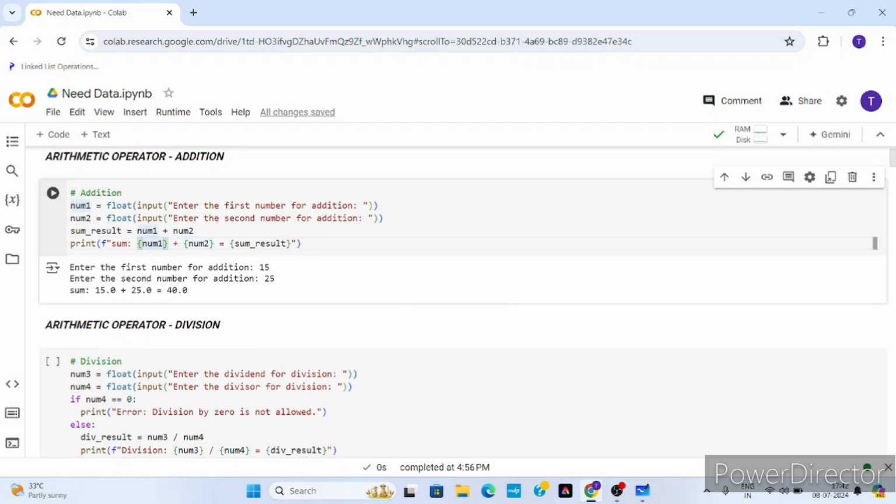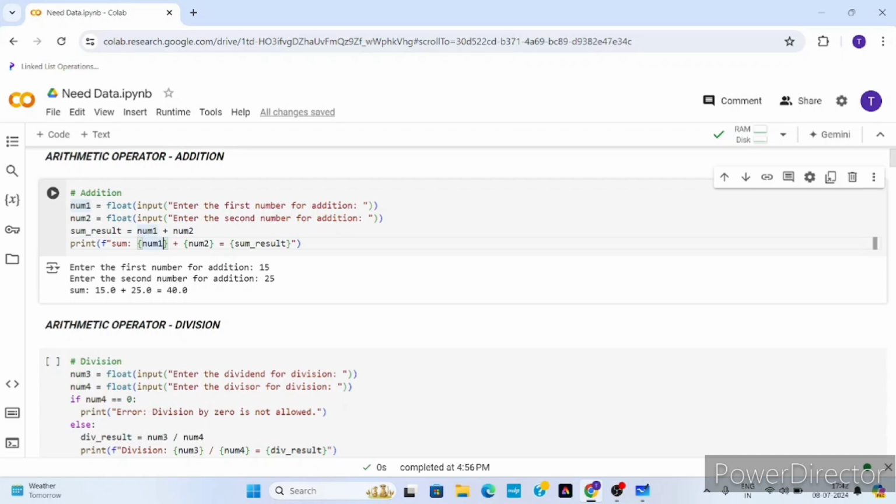In this, num1, num2, and the sum result will be printed, along with whatever the user entered, here 15. So this 15 will appear here. Here the 15 is an integer type, because the user did not enter a float type, he just used 15.